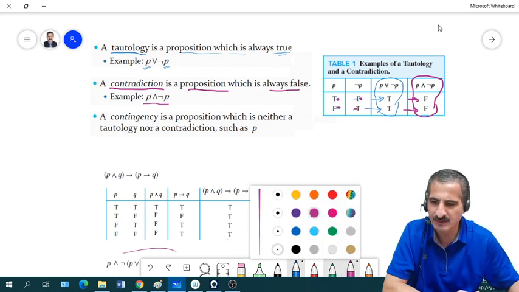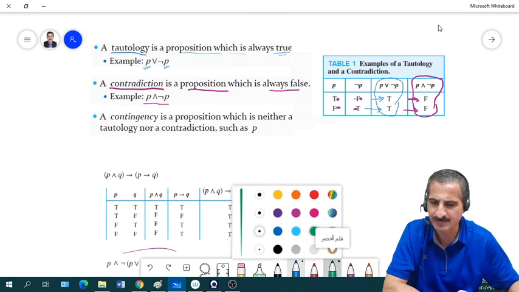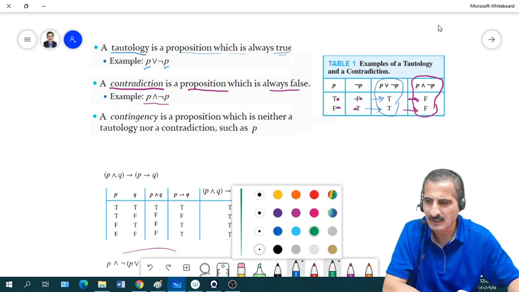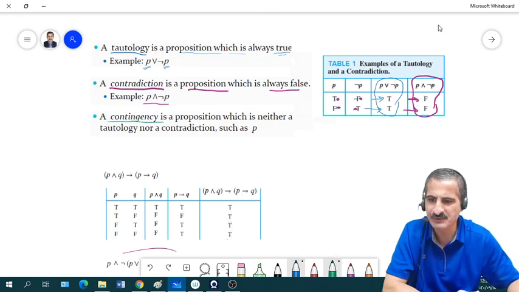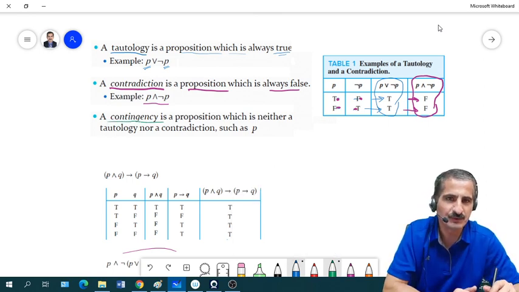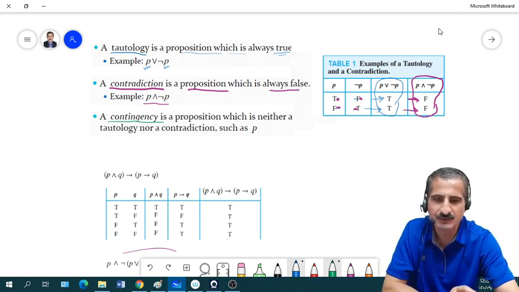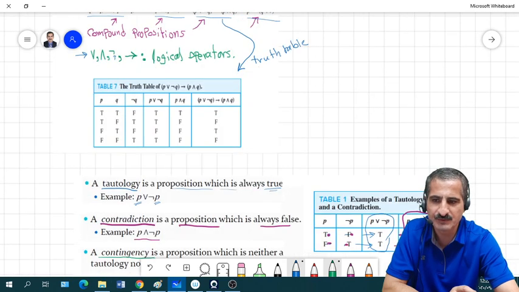Now, what about the contingency? A contingency is a proposition which is neither a tautology nor a contradiction. And we have already seen such one.